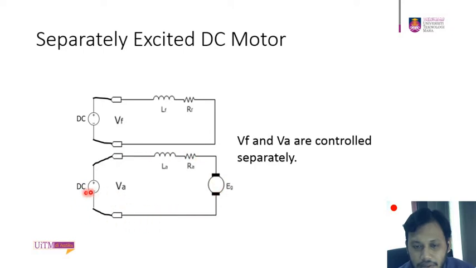You have your input DC connected to LA, RA, to the rotor, the armature. So your field and your armature are controlled separately.